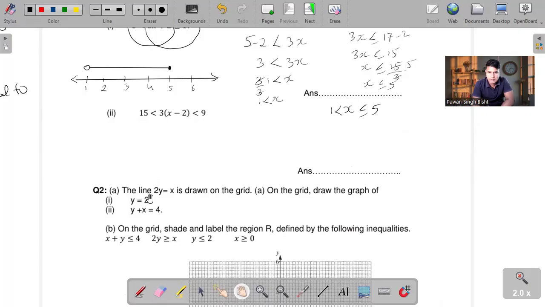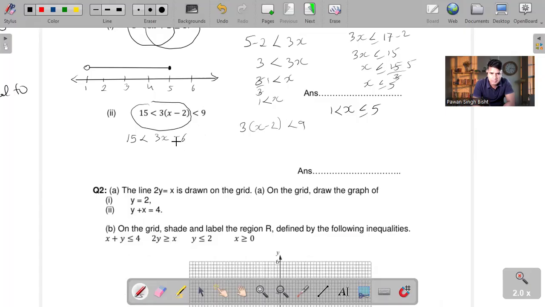Now next. 15 less than 3x minus 2 less than 9. So first we solve the left part. 15 less than, multiply 3 in the bracket, 3x minus 6. Then I solve the right part, 3x minus 2 less than 9.